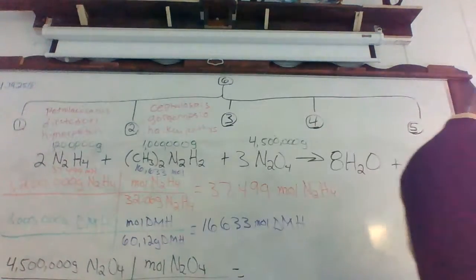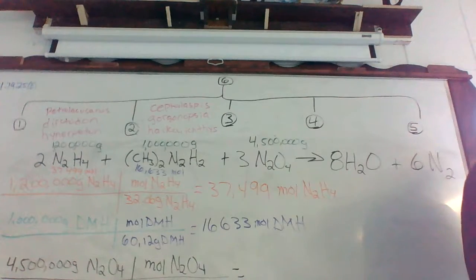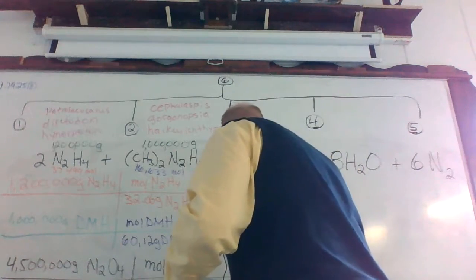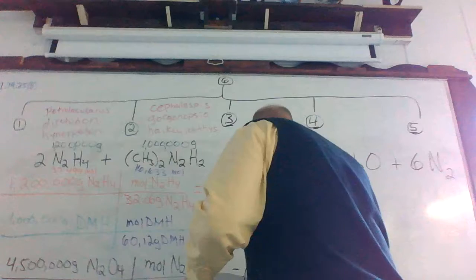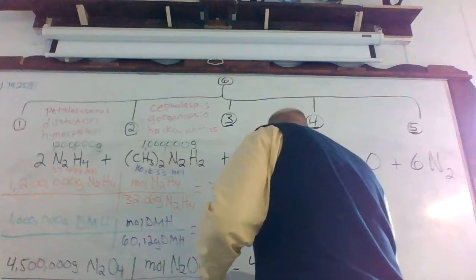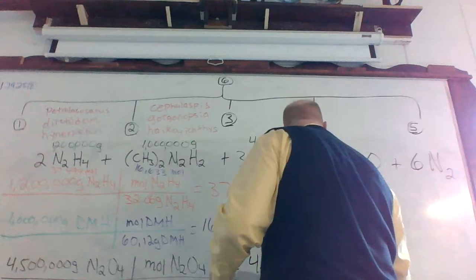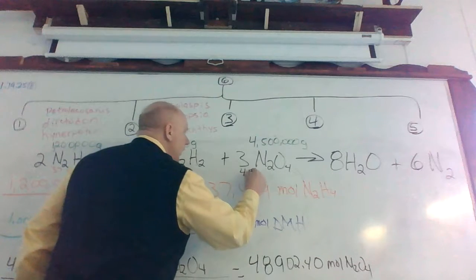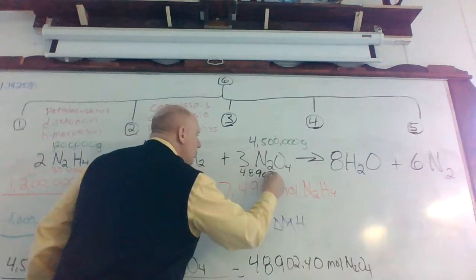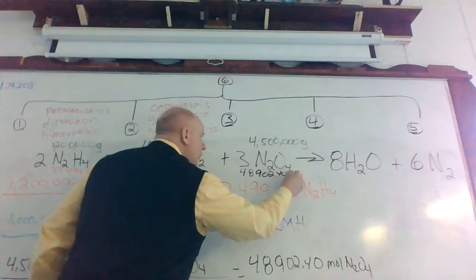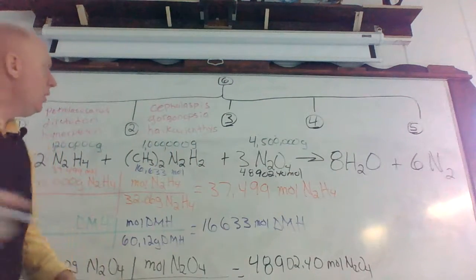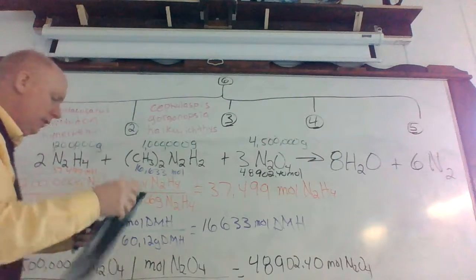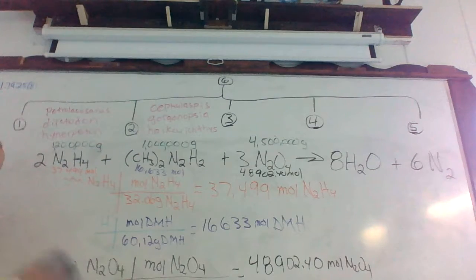My writing's so small, I got to double check as well. And that's moles of N2O4. So now we can take that number and write it here, 48,902.40 moles of that substance. So now, we see how we got those three numbers in moles, so these calculations can now be erased.